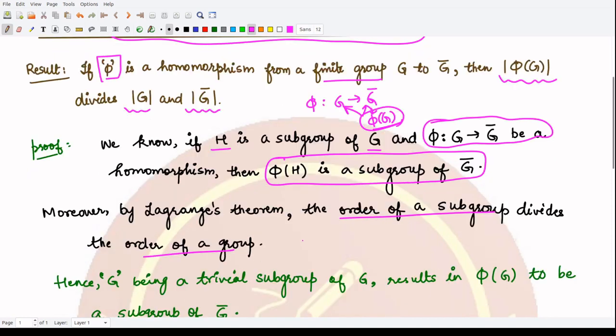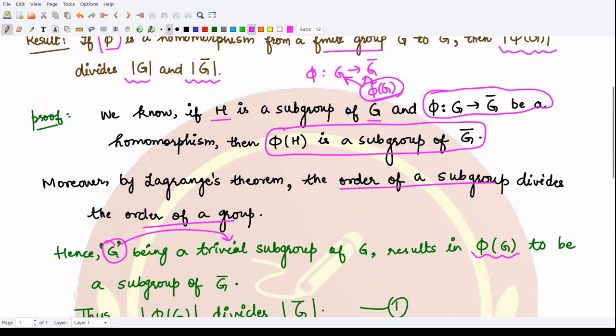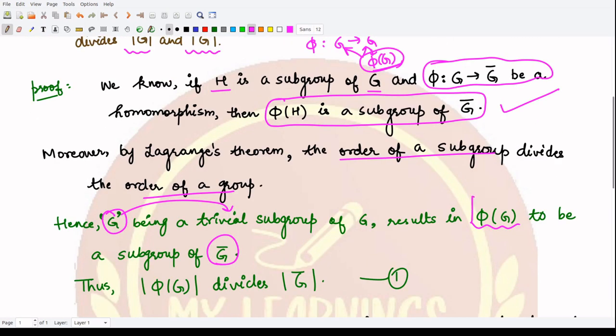Combining both results, because G is a subgroup of itself, being a trivial subgroup, phi of G has to be a subgroup of G bar. Therefore the order of phi of G divides the order of G bar, correct? Let's mark this as equation 1.